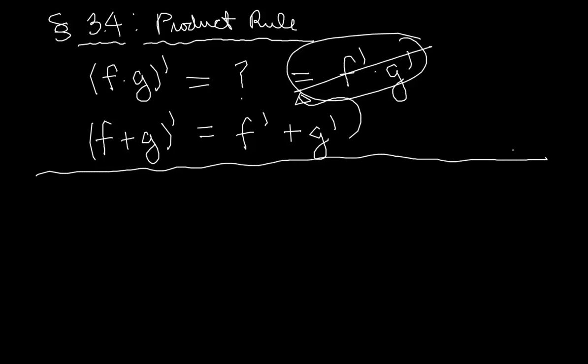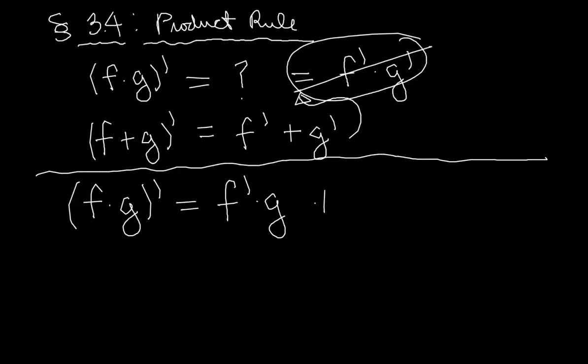Instead, it is the following. If I take f times g, and I take its derivative, what you're really going to get is f prime times g plus f times g prime.